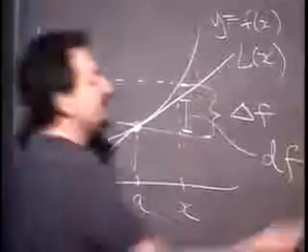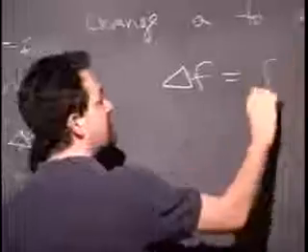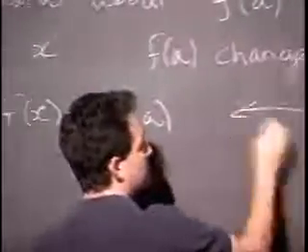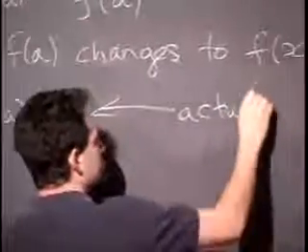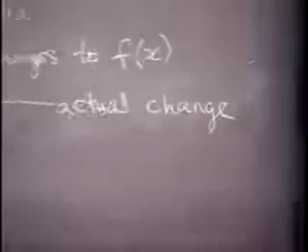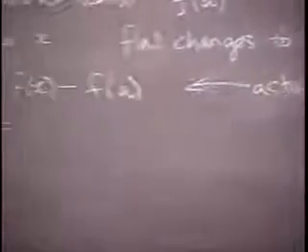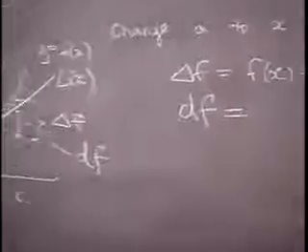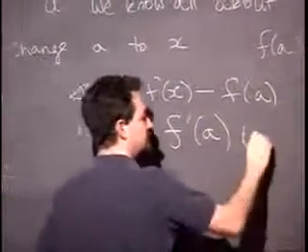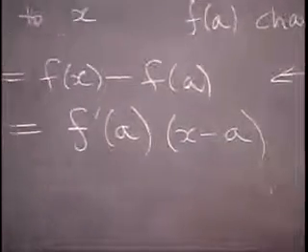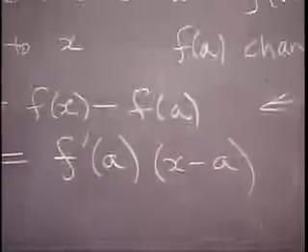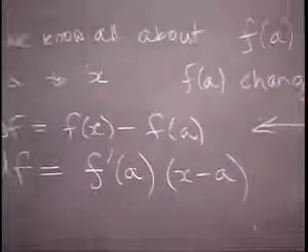So delta f is f of x minus f of a, so that's the actual change when you change from a to x, whereas df, well, we found out last time by using some calculus that df is f prime of a times x minus a. That was part of the linearization.